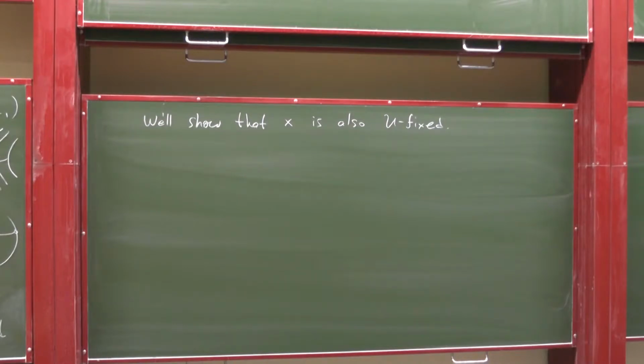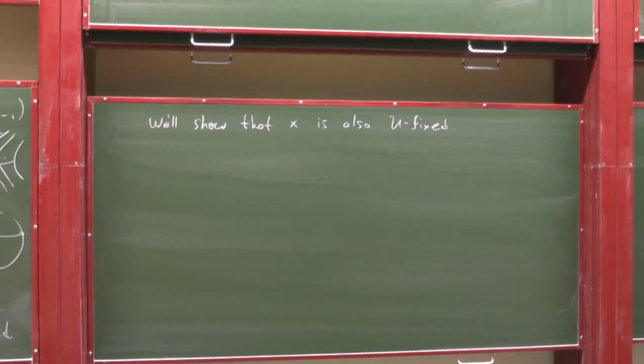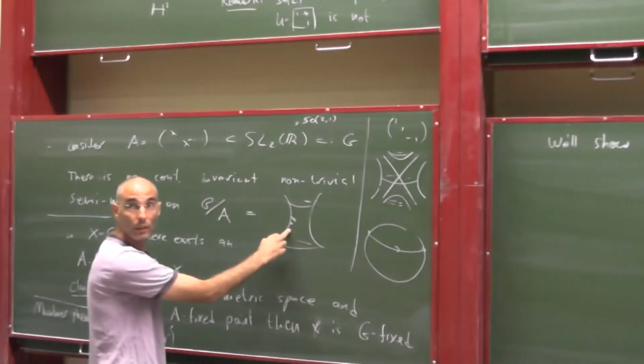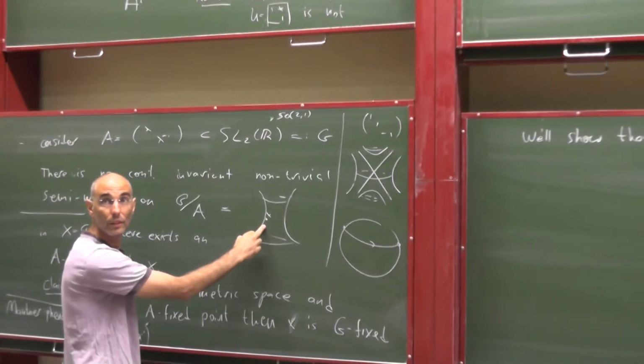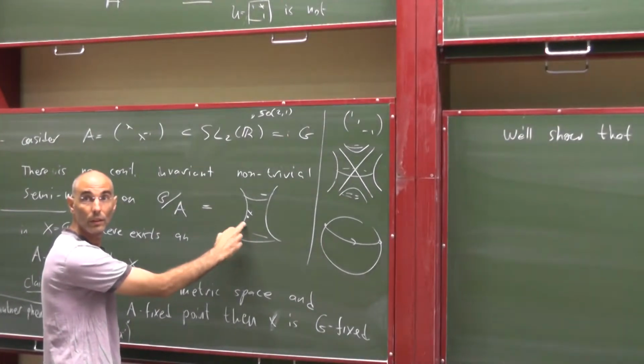There are generalizations of this, which I am about to explore today. So far, I'm in the context of this example that I'm discussing now. I'm proving non-existence of metrics here. And this is because there is some A fixed point here, and this point, if there was a metric here, should have been G fixed. Okay?